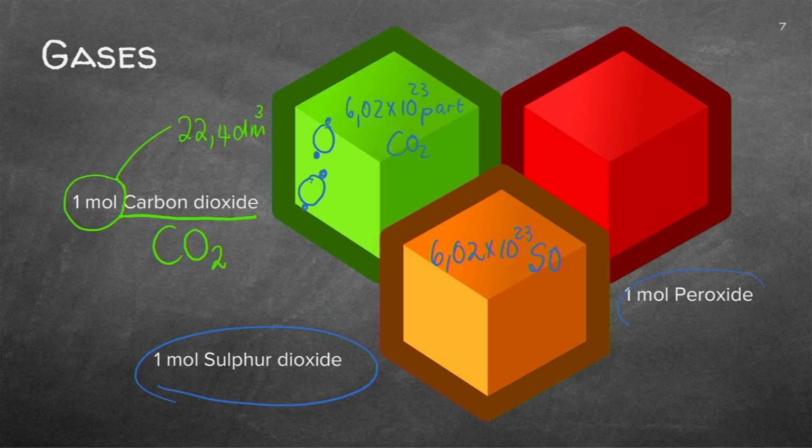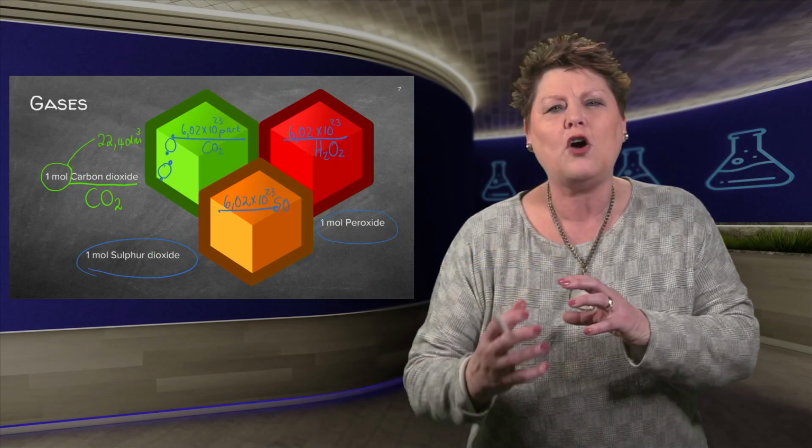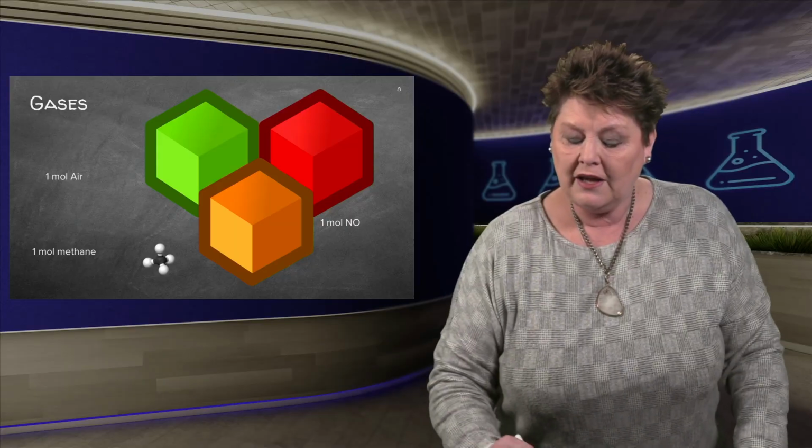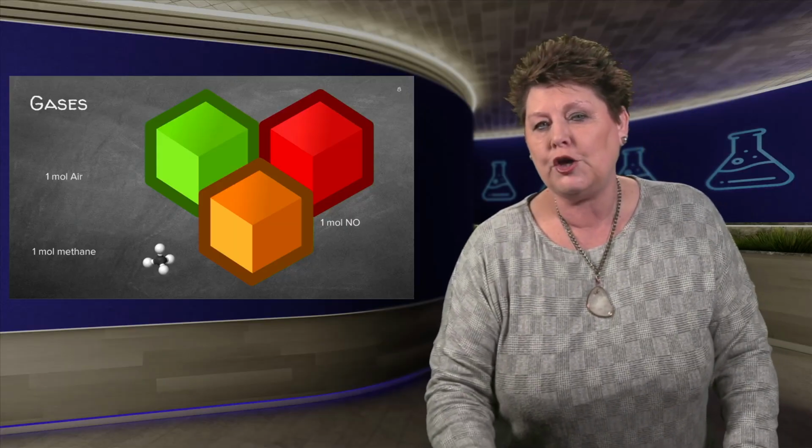And here I've got peroxide, which is 6.02 times 10 to the 23 peroxide. So in all cases, I've got 1 mole, therefore I've got the same content of particles.